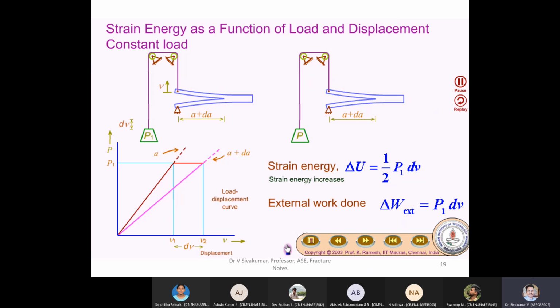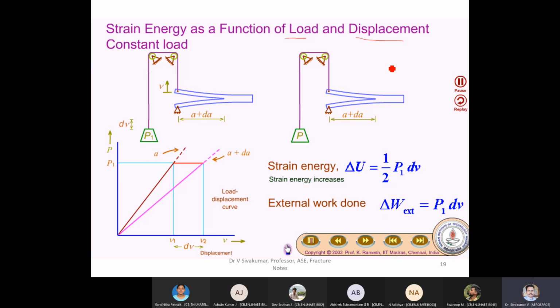To understand the behavior of the strain energy, why it is increasing and why it is decreasing, we have to see the cases. We can see the strain energy as a function of load and displacement. There are two cases we are going to see.